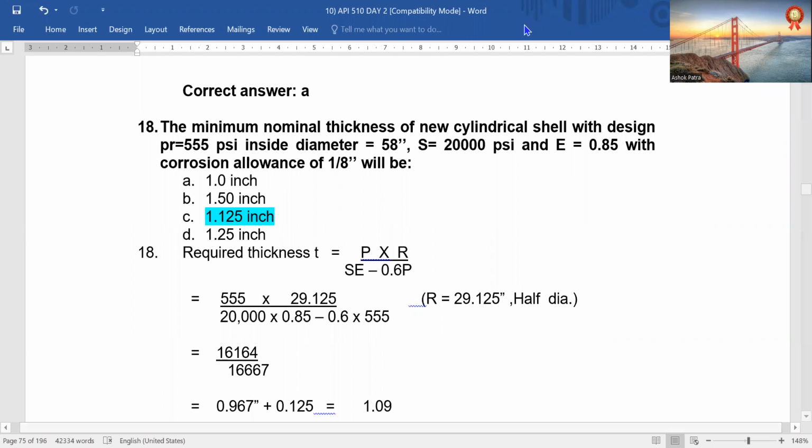The minimum thickness of a new cylindrical shell with design pressure 555 psi, inside diameter 58, S is 20,000, E is 0.85, with corrosion allowance 1/8. Required thickness is PR divided by SE minus 0.6P. R is 29.125.